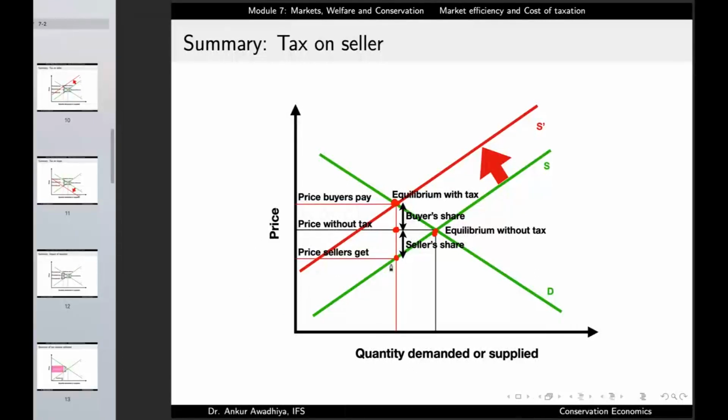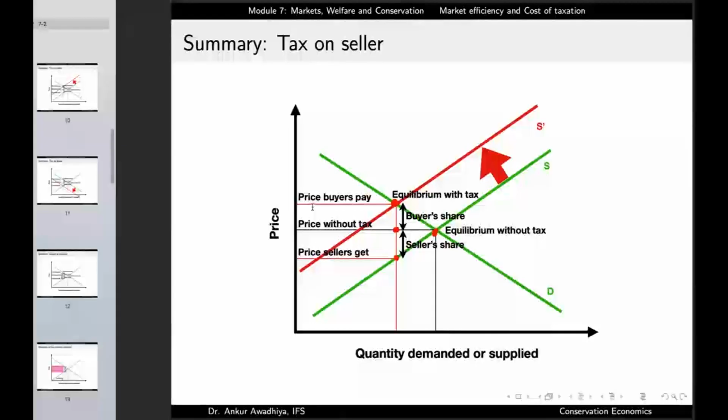And the buyer's share is given by the new price that the buyers are paying minus the old price that they were paying. Which means that even if we have imposed a tax only on the sellers, the tax gets distributed between the buyers and the sellers. So that is a key point to remember. The buyer's share is given by this amount and the seller's share is given by this amount.